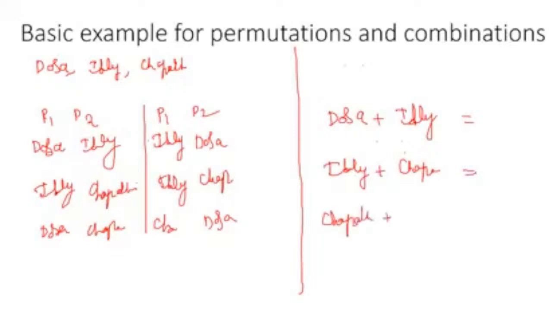Chapati plus dosa will also have the same cost. This is the way I pay the bill, and this is the example of combination. Permutation is where I have priority of items, and combination is where, when I pay the bill, I do only selection, not arranging.